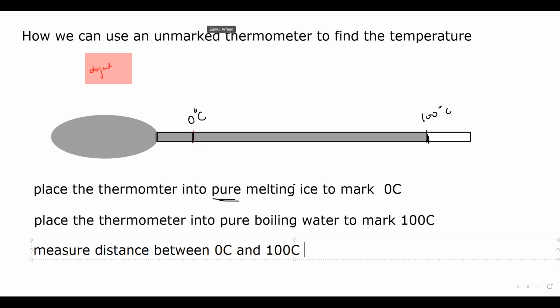For example, if I say that distance is equal to 20 centimeter. So the distance between 0 degree and 100 degrees is equal to 20 centimeter. So now we have the scale. For example, we know 100 degrees is equal to 20 centimeter.